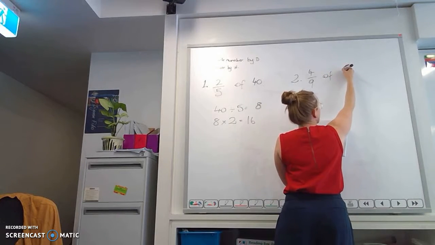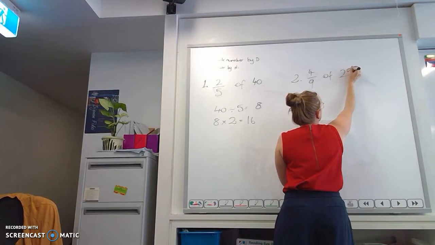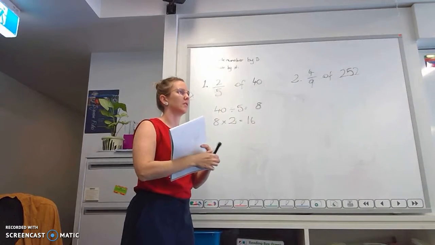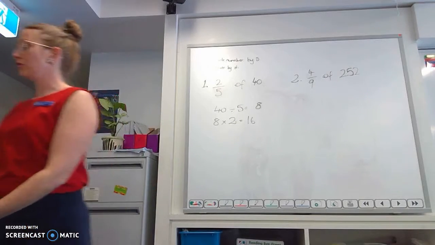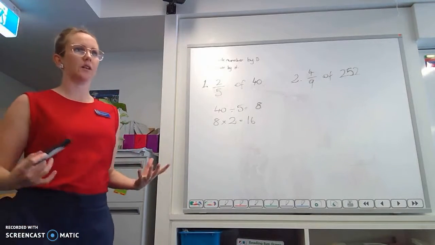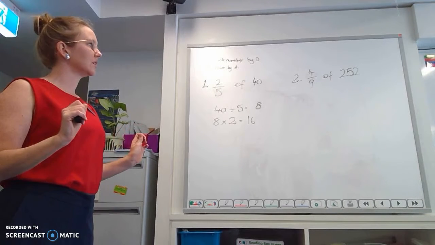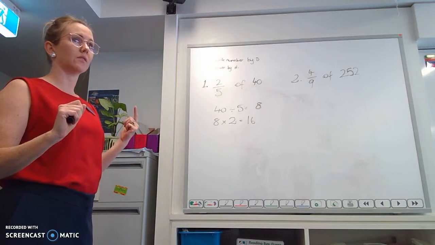Okay, 4 nights of 252. All right. So this is when you're going to probably have to use short division. You'd be silly if you didn't, because I don't know many people who could accurately divide 252 by 9 in their head, okay?